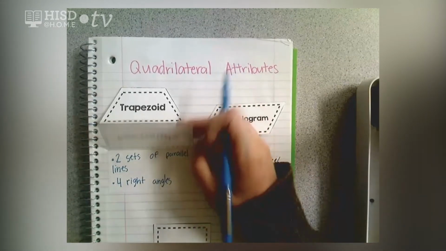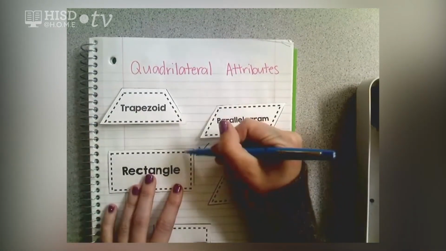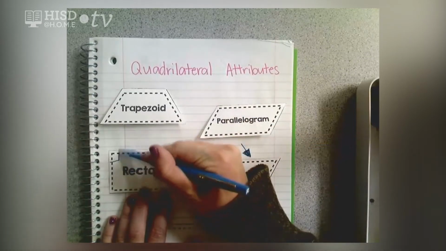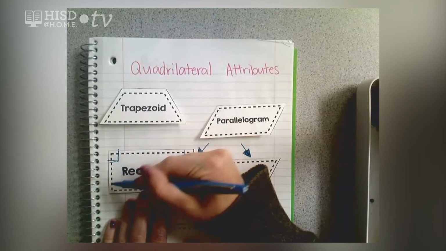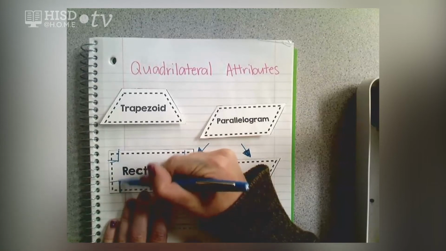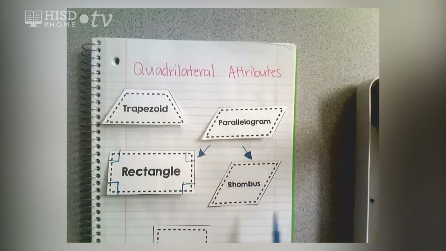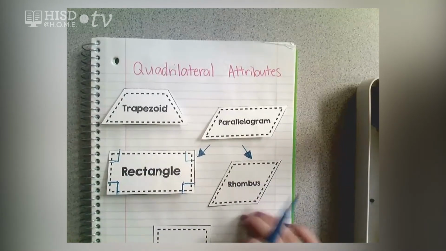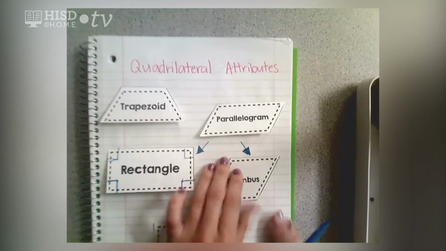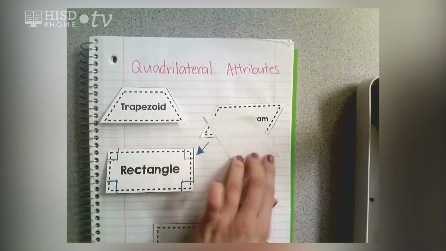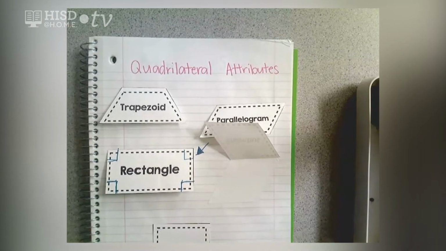These angles right here, how they're all the same. Those are our four right angles. I'm not doing a great job of drawing this. There we go. And a rhombus has two sets of parallel lines, and all four sides are congruent or the same.